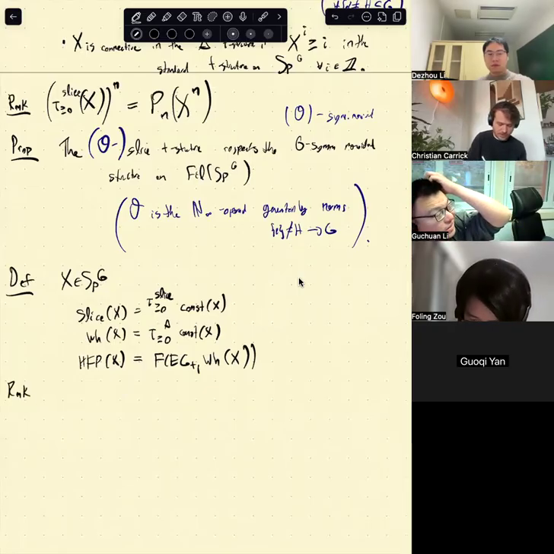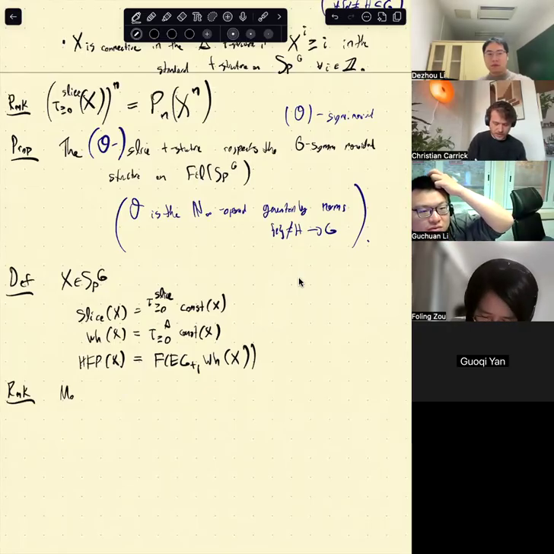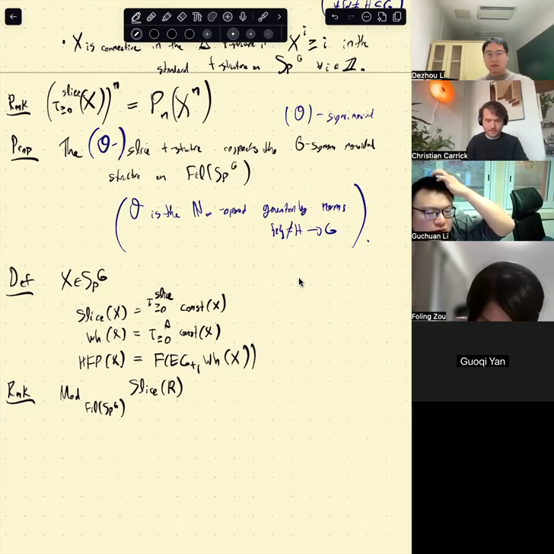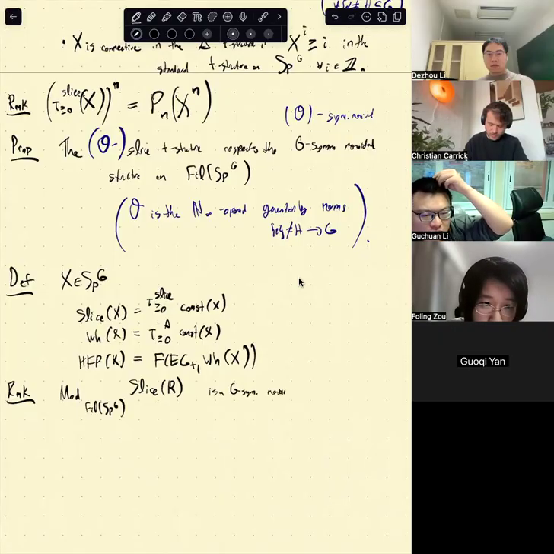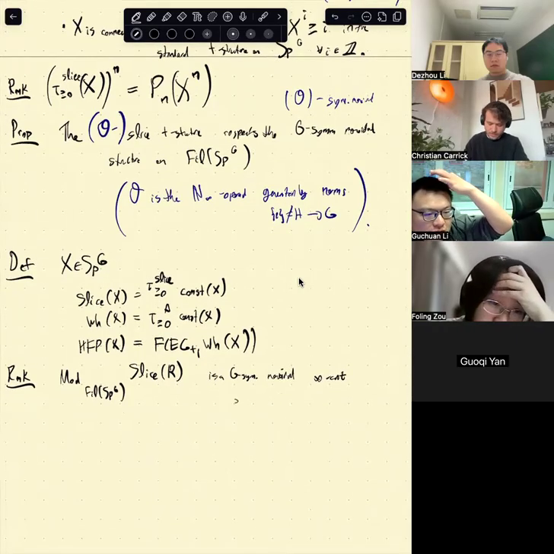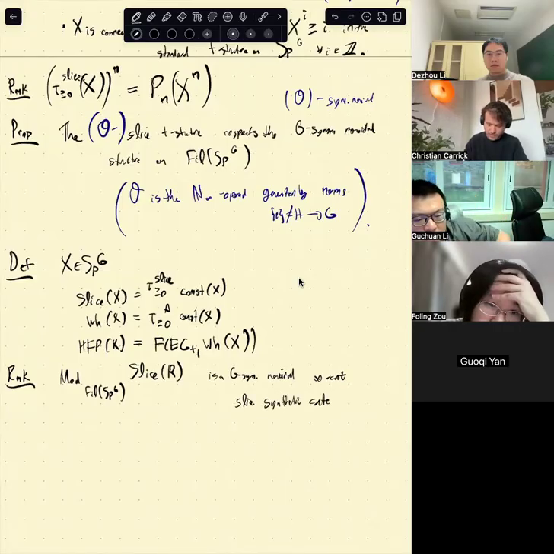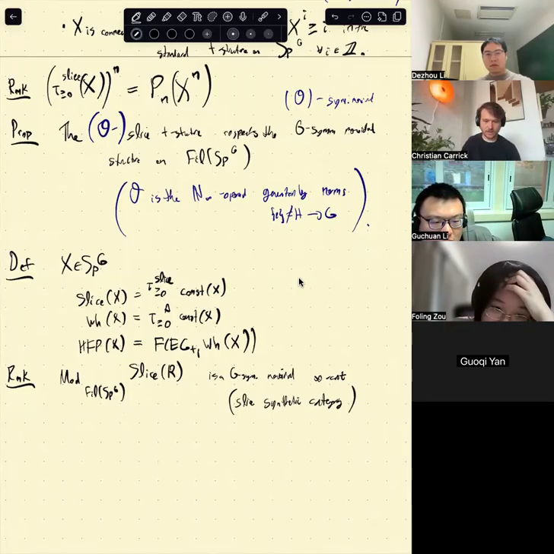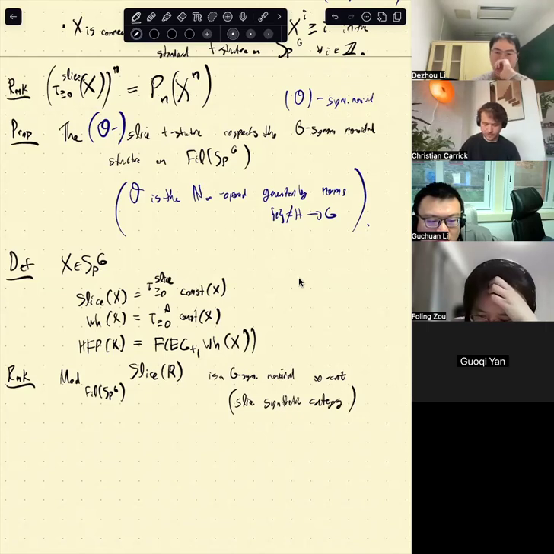So in that direction, let me finish this section with a remark, which is that I can take the category of modules in filtered G spectra over a slice of R, for R a G E infinity ring, and this is a G symmetric monoidal infinity category, which is a kind of category you can use as a synthetic category for slice spectral sequences. In this category you already have a lot of nice tools available that are available for synthetic spectra.